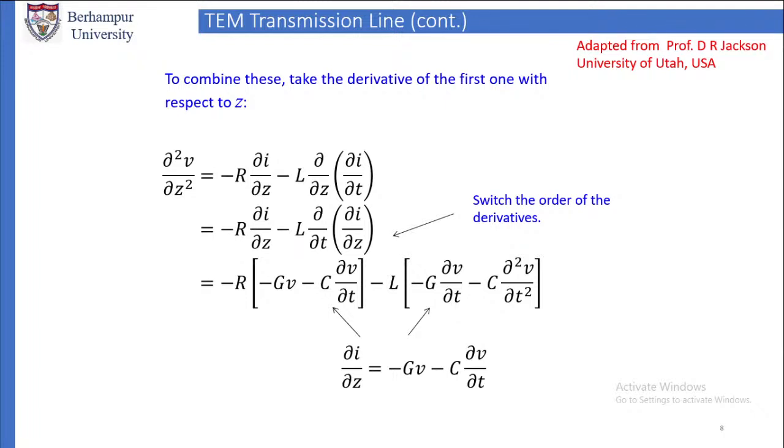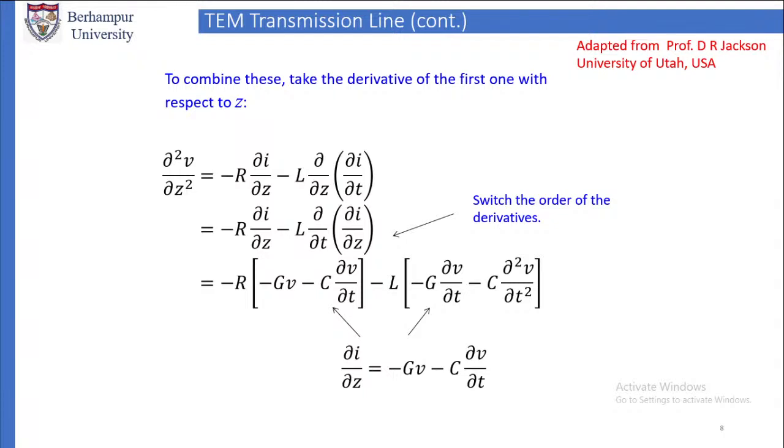Now let us combine these equations. What we'll do is take the derivative of the first equation with respect to z. So that makes ∂²V/∂z² equal to −R ∂I/∂z − L ∂/∂z (∂I/∂t). I am just taking the derivative with respect to z.